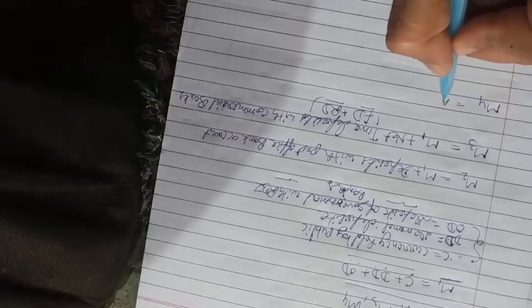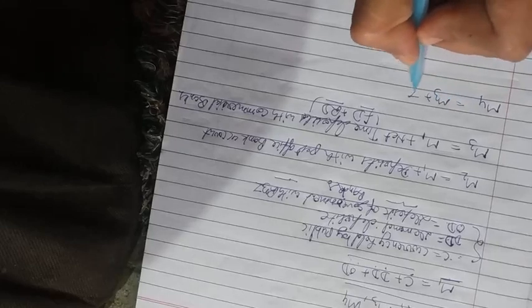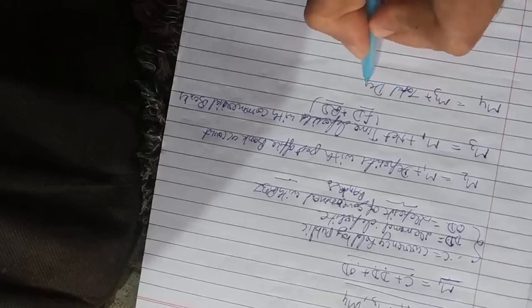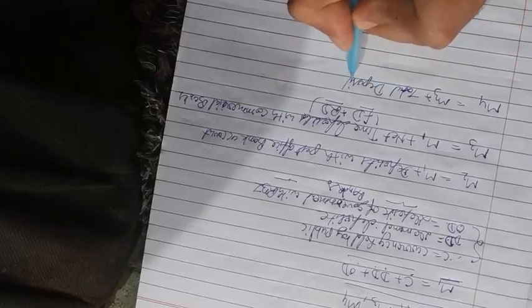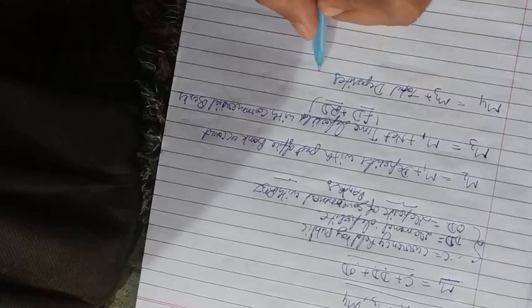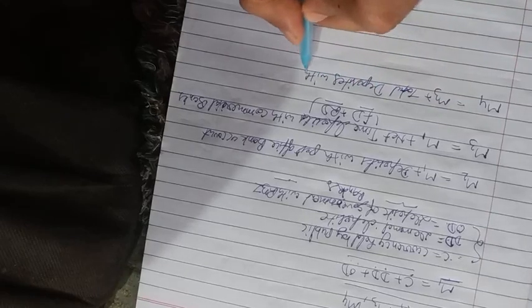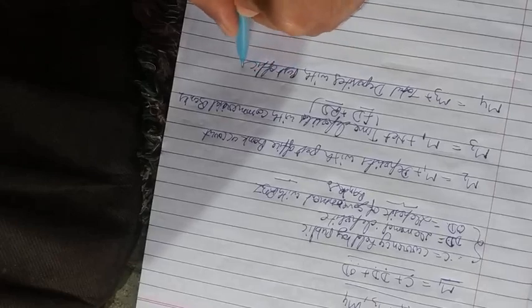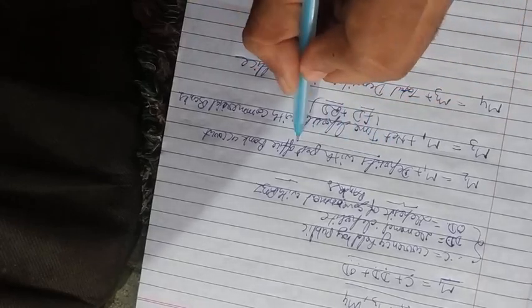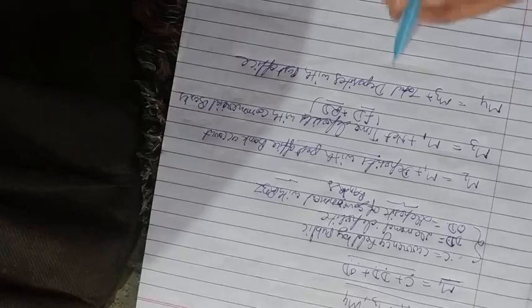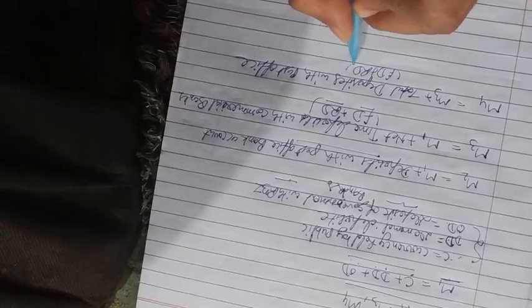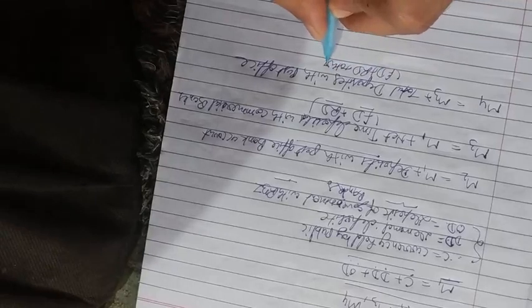M3 plus total deposits with post office. It means this one plus the other, the FD plus RD plus other deposits in the bank.